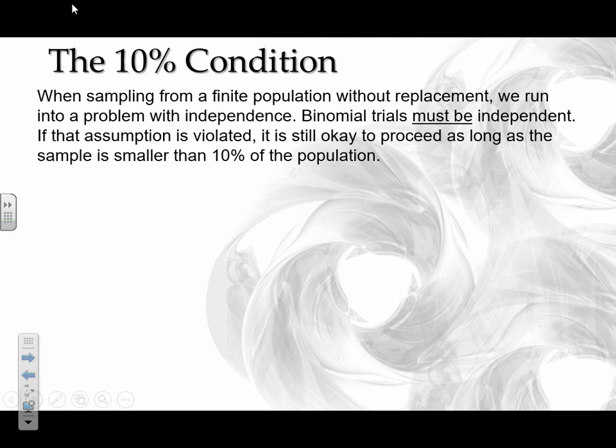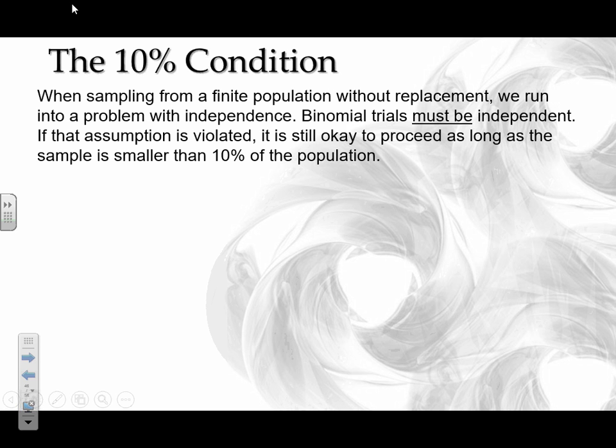So with this 10% condition, what we have to think about is if we're sampling without replacement, if I'm only taking a very, very small percent of the population, I'm still going to be okay because the changes I make are going to be so small, they're never going to affect my overall calculations. Does that kind of make sense? So when you're thinking of this 10% condition, you're thinking, have I sampled more than 10% of my population?